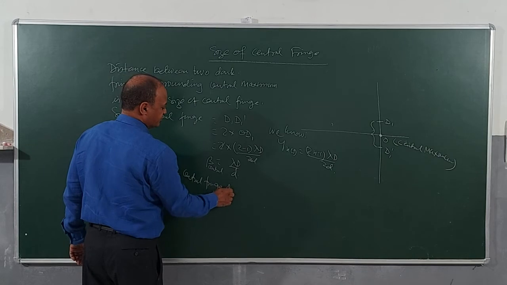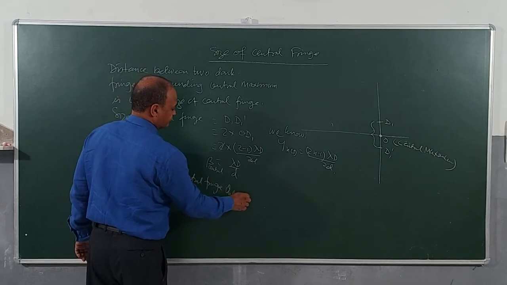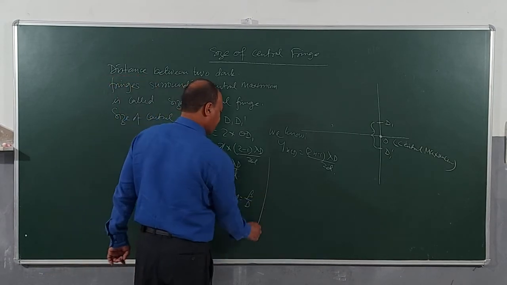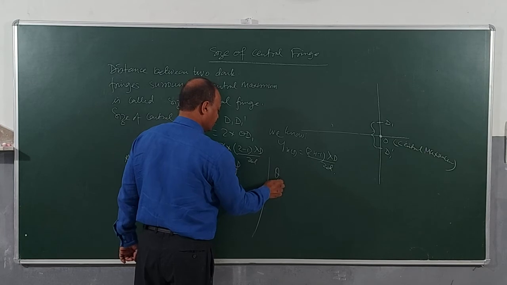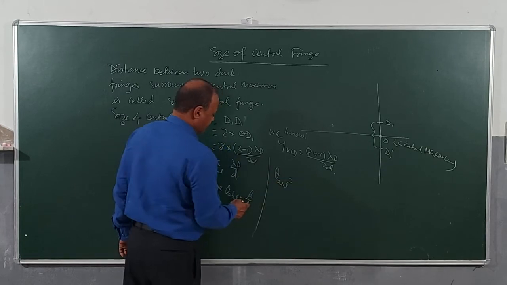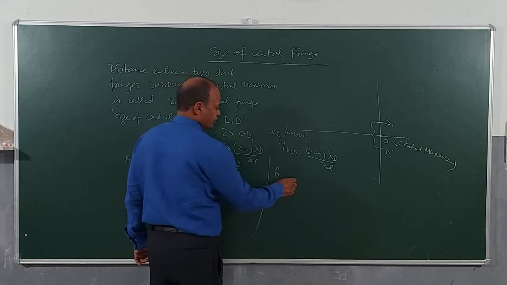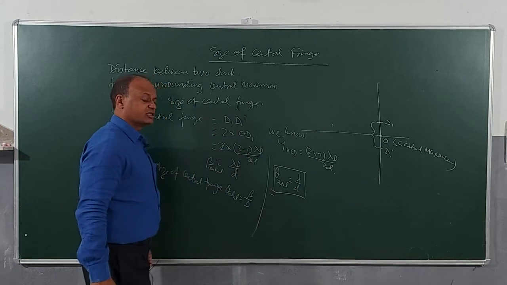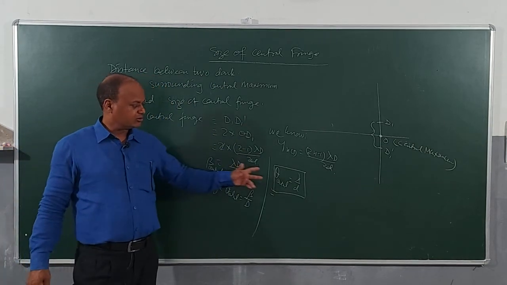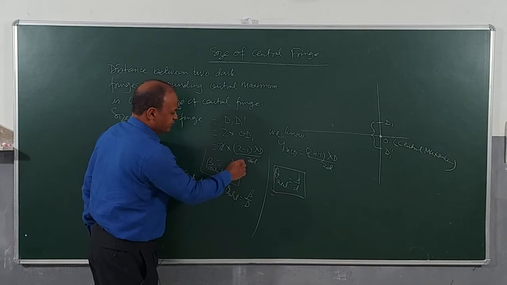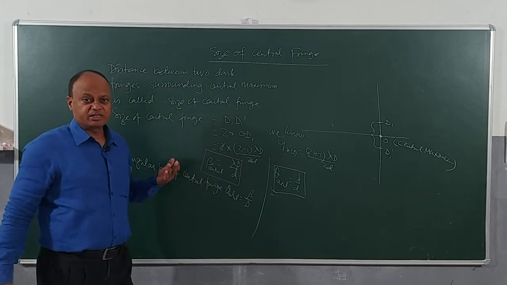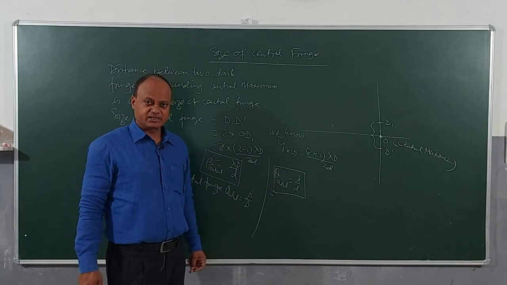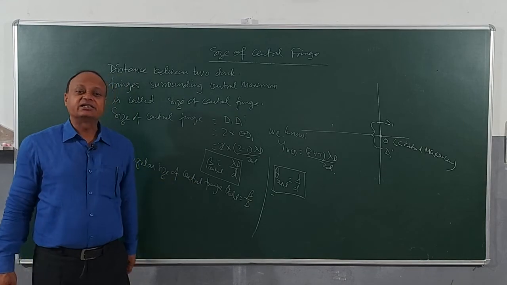So theta central will be beta by D. So the angular width, theta central, if you divide by capital D, then this capital D is gone, so it is lambda by small d. So we calculated the size of the central fringe, the linear size and also the angular size. You remember these two values, and if you conduct the same experiment in a medium, then the width will be divided by the refractive index like we did in the previous case. Clear?